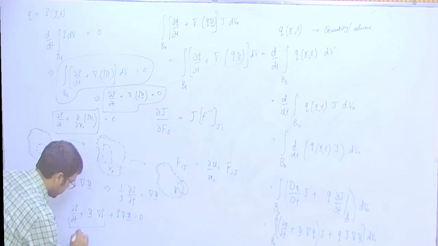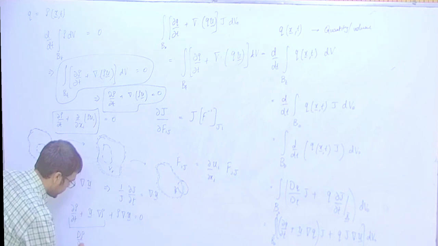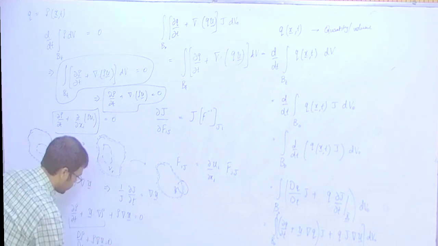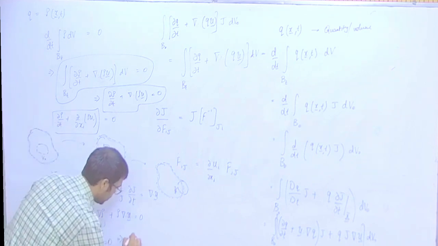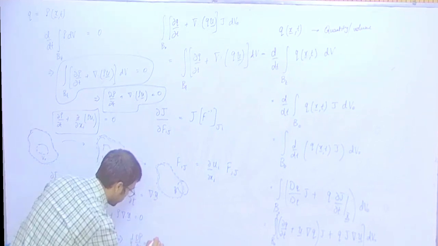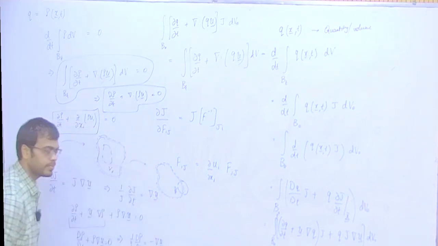The material derivative of density. So Dρ/Dt + ρ∇·u equals 0, which means (1/ρ) Dρ/Dt is −∇·u.